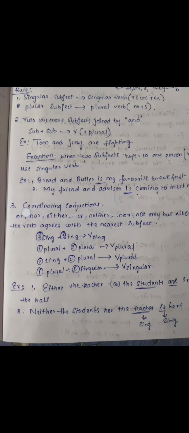For the third rule, if you have coordinating conjunctions, meaning or, neither nor, either or, not only but also, we have to take the verb according to the nearest subject. If we have singular and singular, we take a singular verb. If we have plural and plural, we take a plural verb. If we have a singular and plural, and the subject nearer to the verb is plural, we take the verb in plural form.